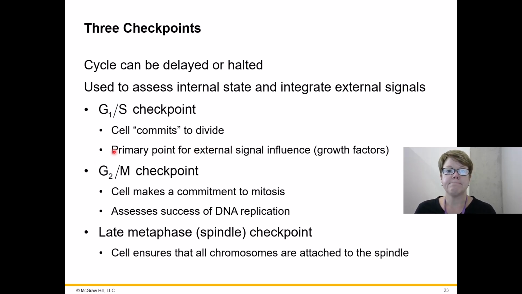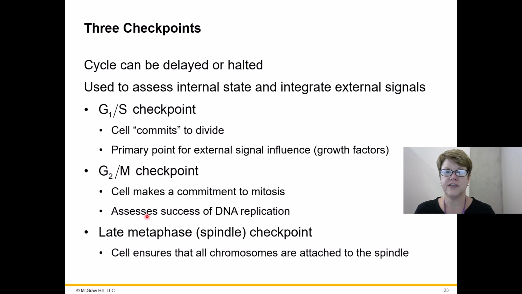The next checkpoint is called G2/M. It's at the end of G2, right before M, and the cell is making a commitment again to going through mitosis, karyokinesis. At this point, the cell is doing surveillance of whether the DNA replication is complete and whether anything that was damaged, any DNA problems, have been fixed.